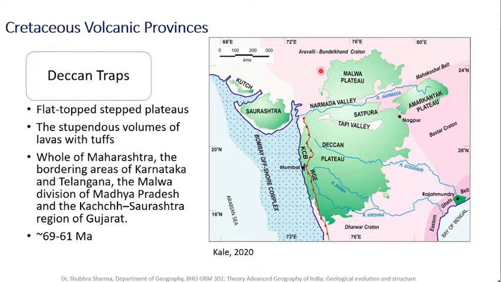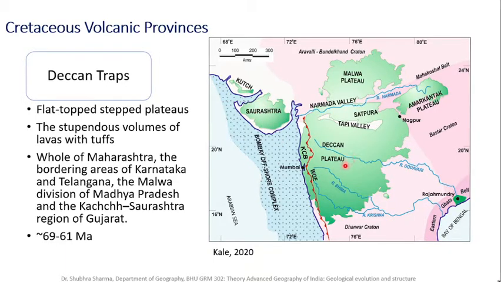They are one of the most extensive rock formations exposed over the Indian peninsula. You can see their distribution in this map by this green color. They cover quite a bit of Maharashtra, parts of Madhya Pradesh, and also Gujarat in the Saurashtra and Kutch region.